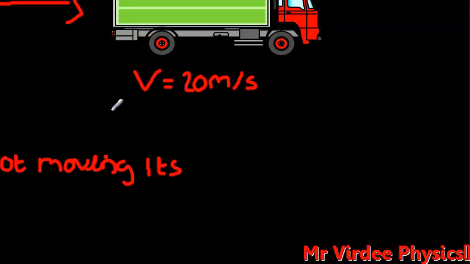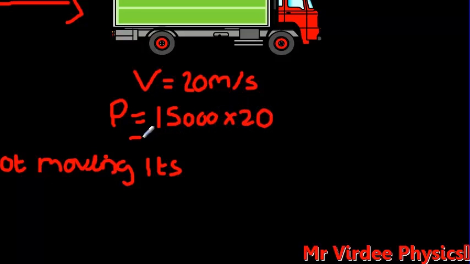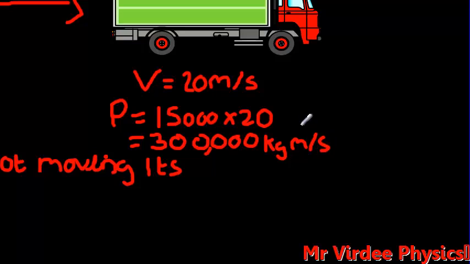Its momentum this time, P, is going to be its mass, 1500, times its velocity, so 1500 times 20. Therefore its momentum is simply 300,000 kilogram meters per second.